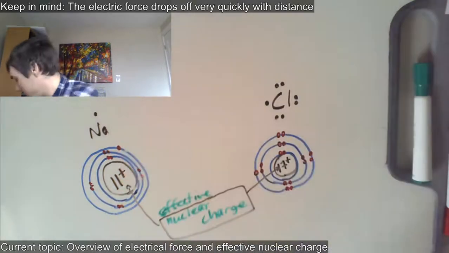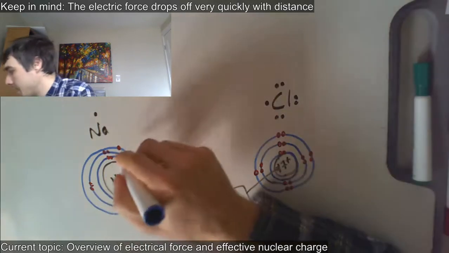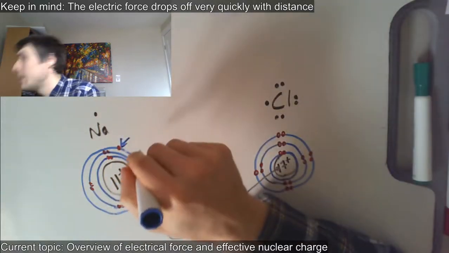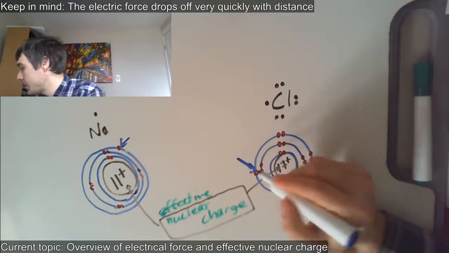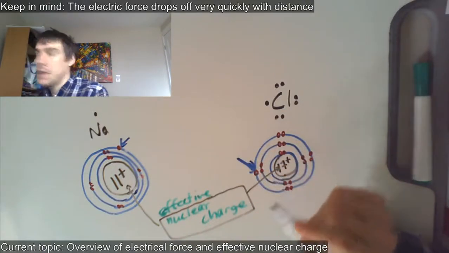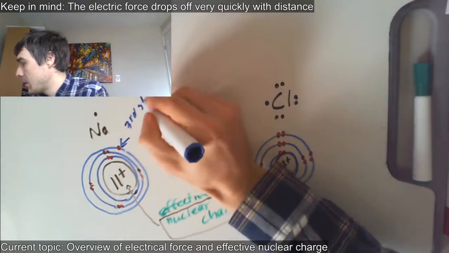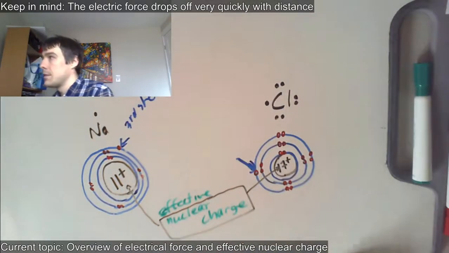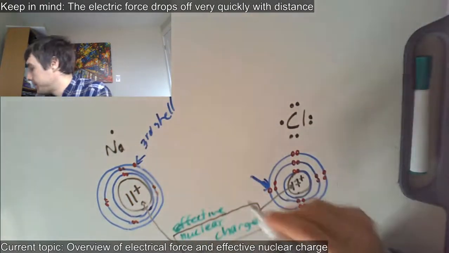There's this guy. Well, let's try to grab a different color here. There's this guy, right? That electron. And then there's these electrons, these outside electrons, right? This electron is in the third shell. So that's what we're going to talk about in terms of distance, third shell. It's in the third shell. So is this one.